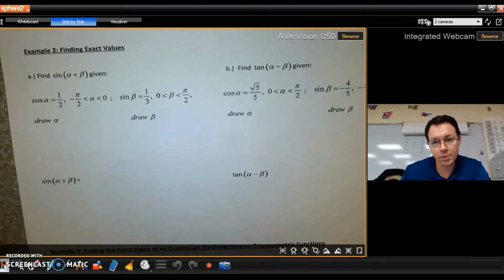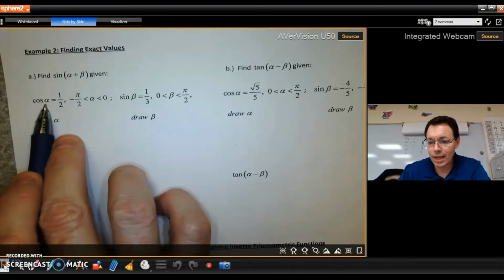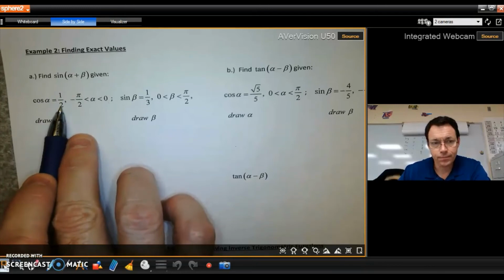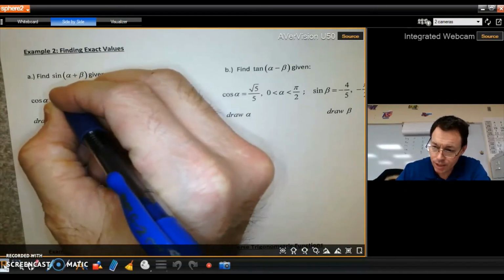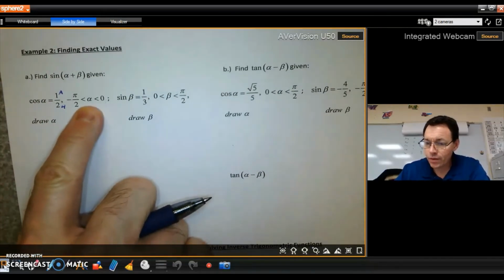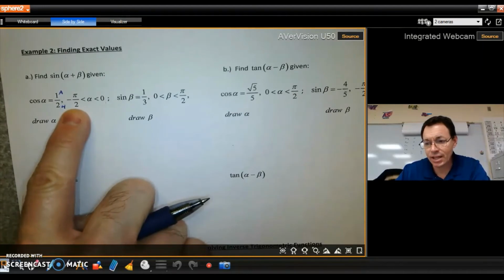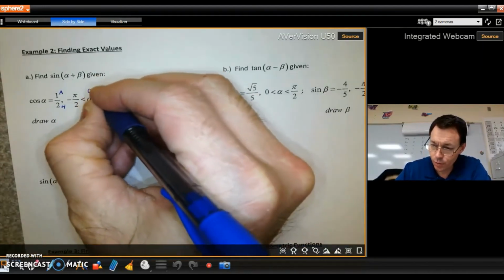Okay, so instead of it coming from a chart, what we're going to do is we're going to say, okay, angle A, the cosine of angle A is 1 over 2. So we know the relationship between the adjacent and the hypotenuse. And we know that this angle A is between negative pi over 2 and 0. So what that means is quadrant 4.